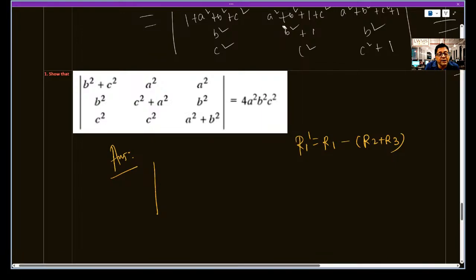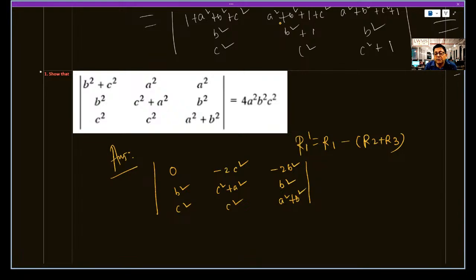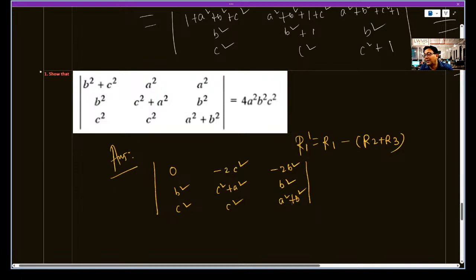B square plus C square. B square plus C square, if you add and subtract, it will be 0. It will be minus 2B square. Isn't it? Done? I will use this. Now what can I do?